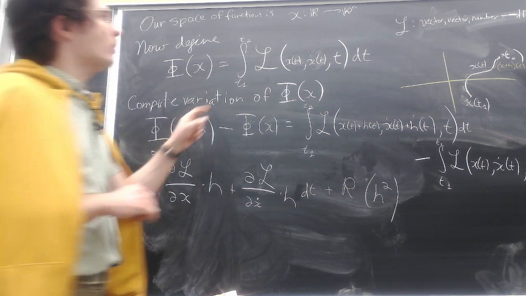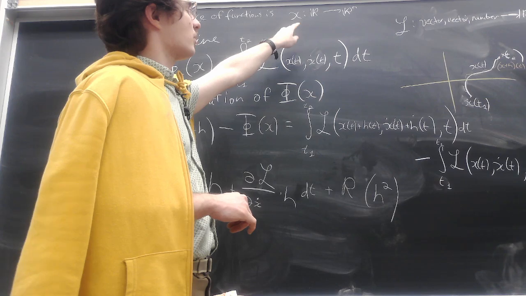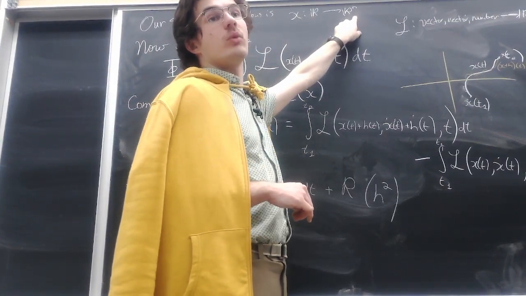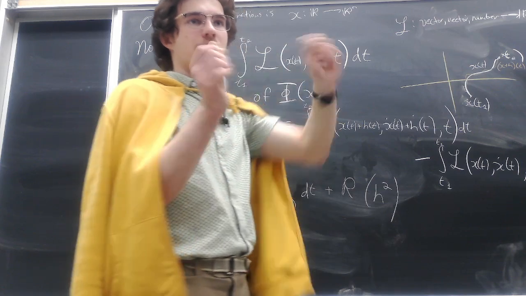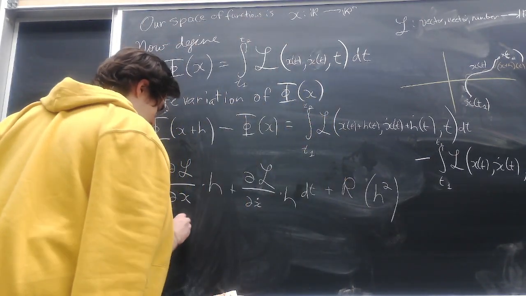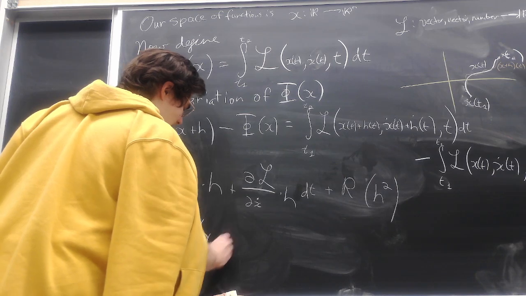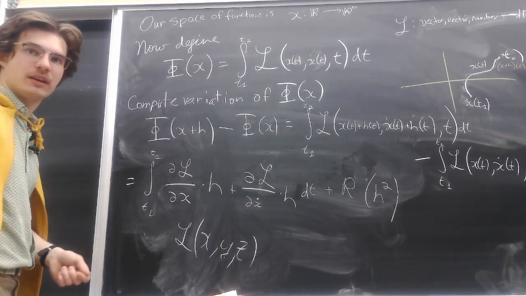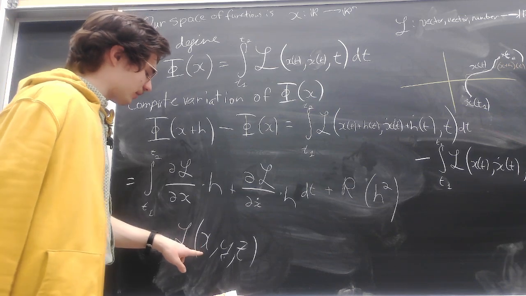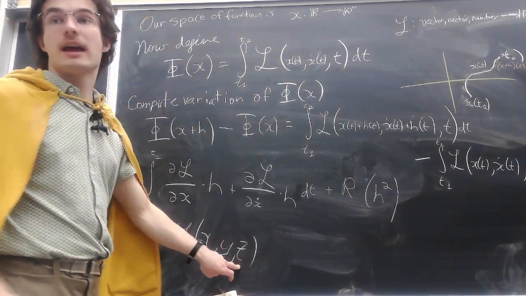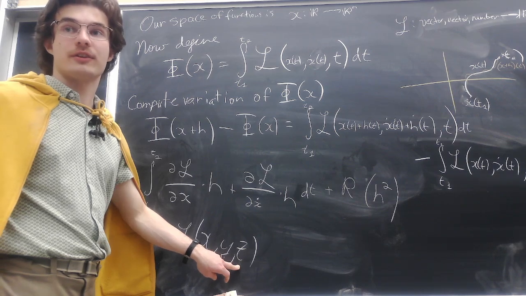So suppose x was a function that takes in r and outputs just one number, not a vector. Then L is a function of x, y, and z. And in here, I plug in x, and x dot here, and t in here. Do you agree?